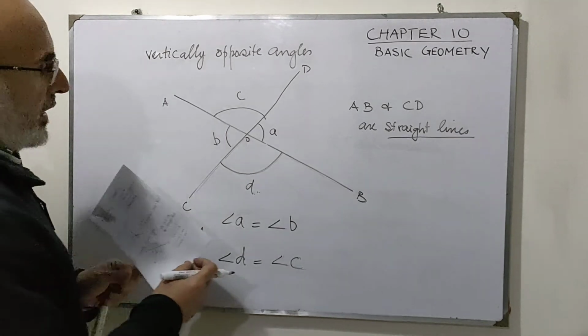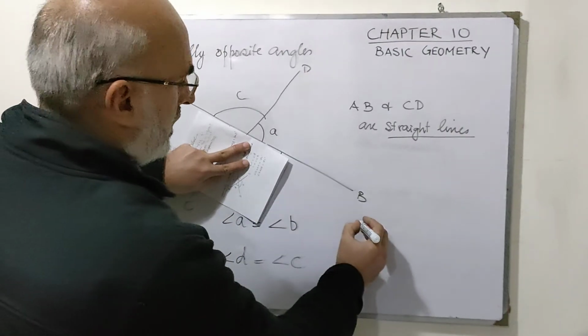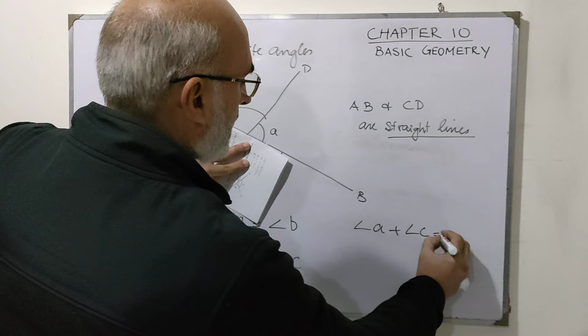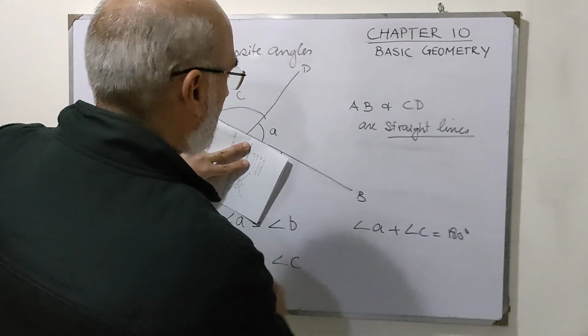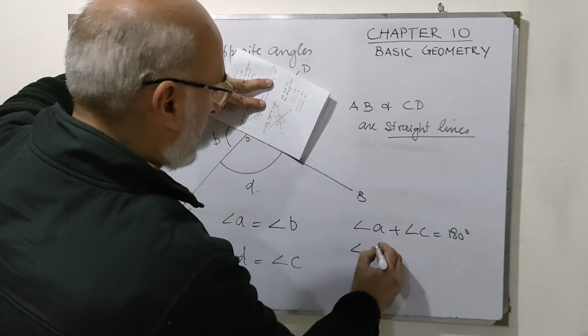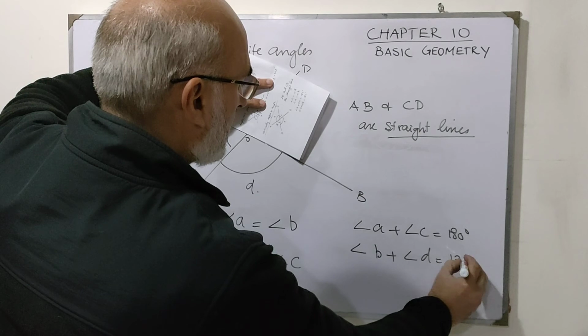Now, in the same way, as I have discussed before, angle A plus angle C is 180 degrees, okay? And likewise, angle B plus angle D is also 180 degrees.